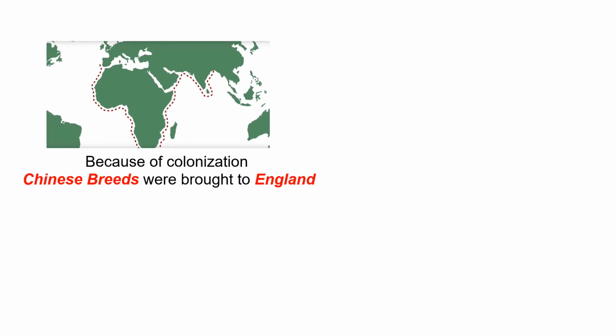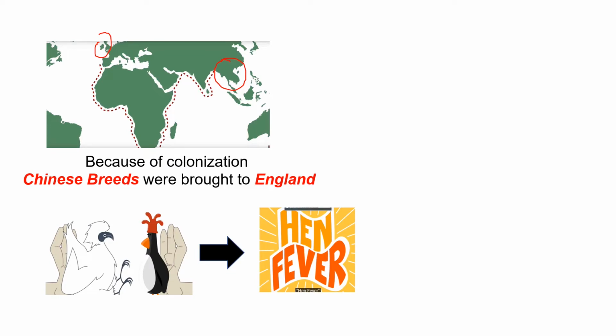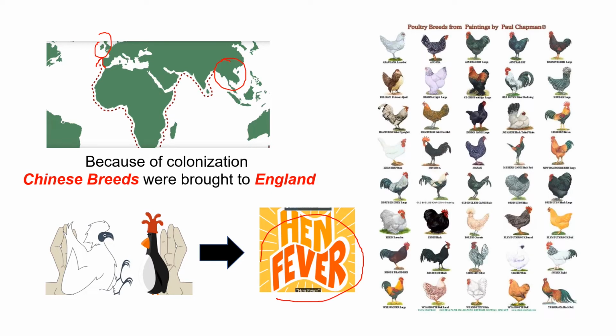And maybe you remember that because of the process of colonization, these breeds that were in Southeast Asia were brought to England. As they show here with these lines, they call this the hen fever, because they were able to breed so many traits and so many different species, and in that way they were able to get the traits they were looking for.